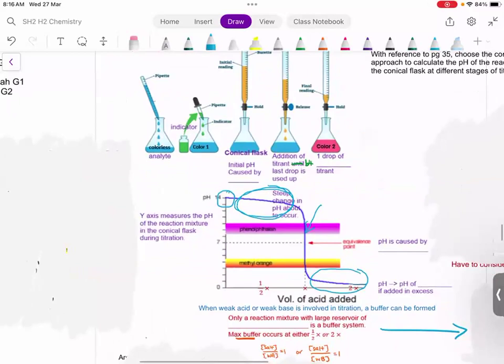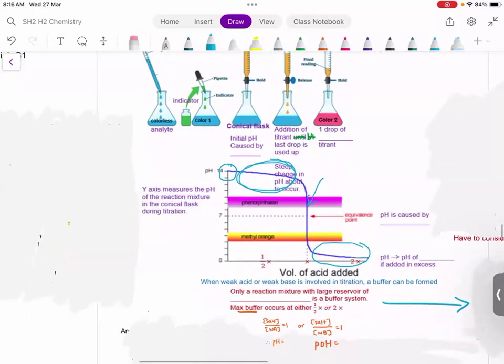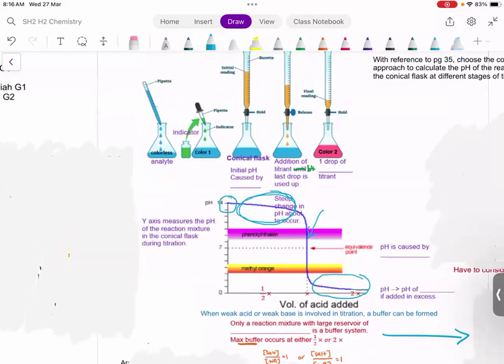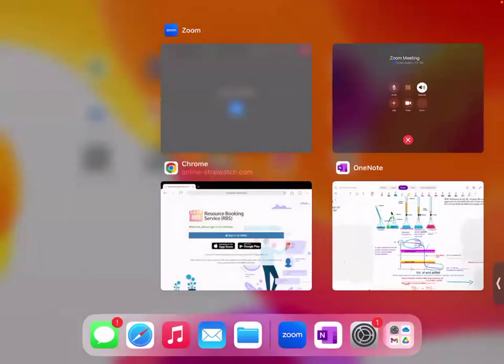So in your groups now, can I request that you try to fill in the blanks and also try to identify how you will calculate the pH at different points of the titration curve. Can you do so now? I'll give you 5 minutes.